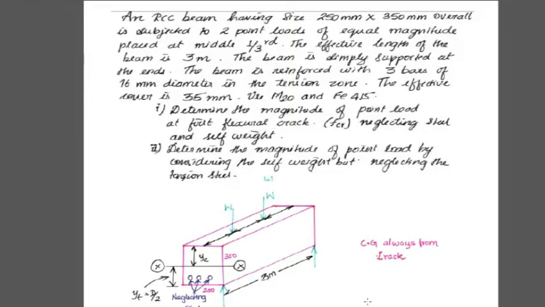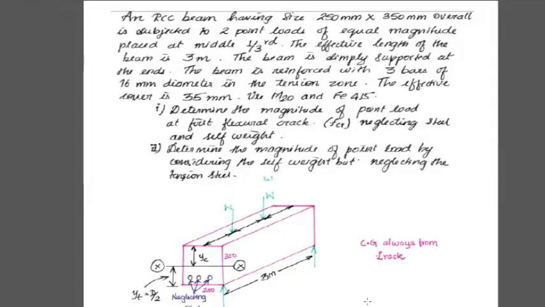Effective cover is 35 mm. Use M20 and Fe415. There are two cases. First one, determine the magnitude of point load at first flexural crack (Fcr), neglecting steel and sulfate. Second case, determine the magnitude of the point load by considering the sulfate but neglecting the tensile zone.